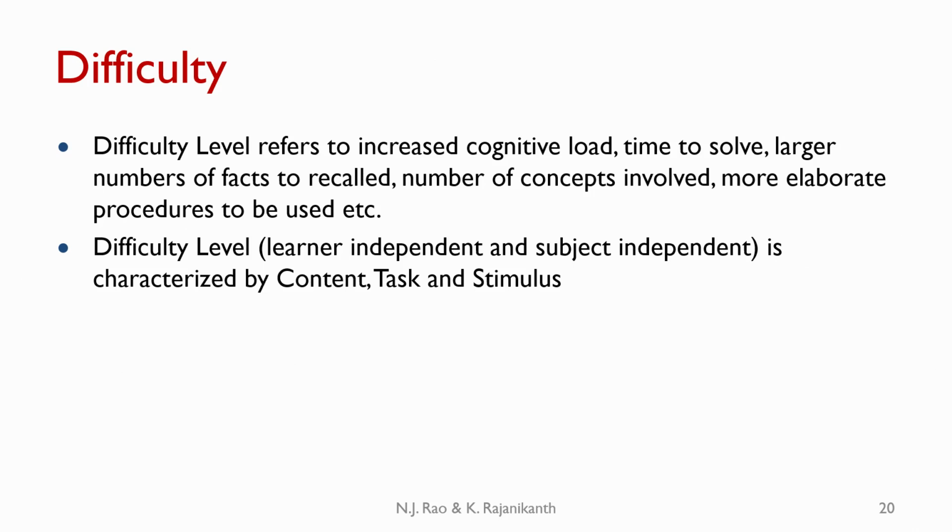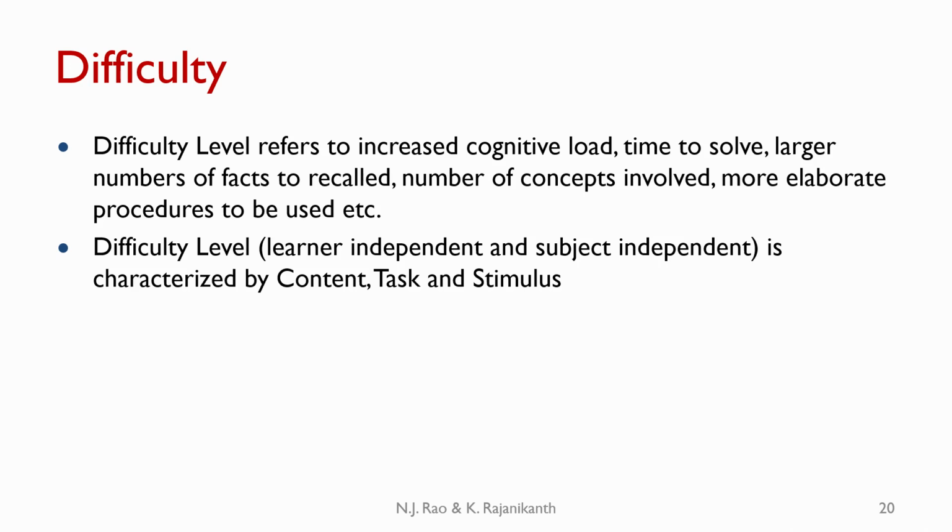And also in some subjects, by very nature, the concepts are more difficult to appreciate. So, you have subject dependencies also there. So, here we are trying to characterize difficulty level in a context of learner independent and subject independent contexts.